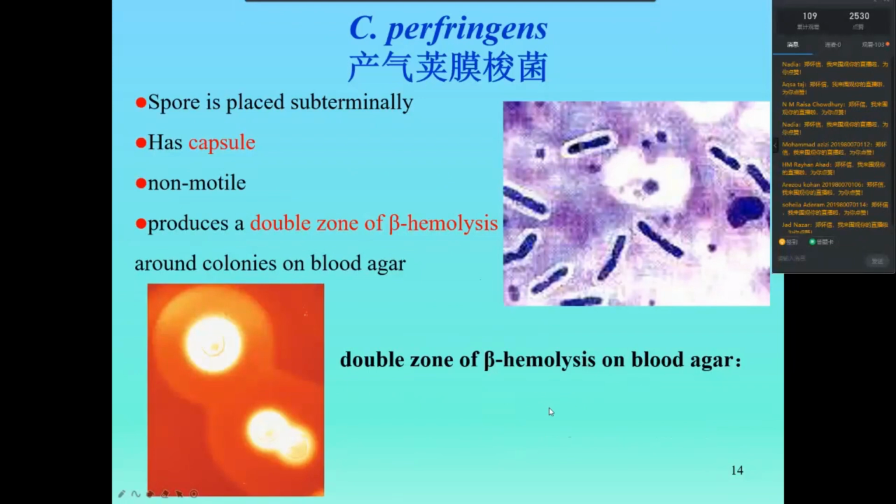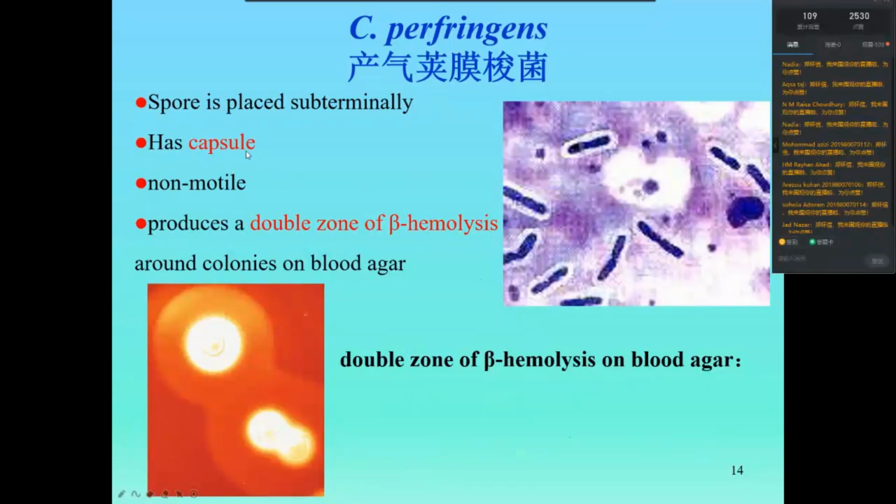Okay. So the next pathogen we are introducing here is Clostridium perfringens. That's a different pathogen in this genus. They are also forming spores, but the spores are placed subterminally. It's not exactly on the terminus, but close to the terminus.